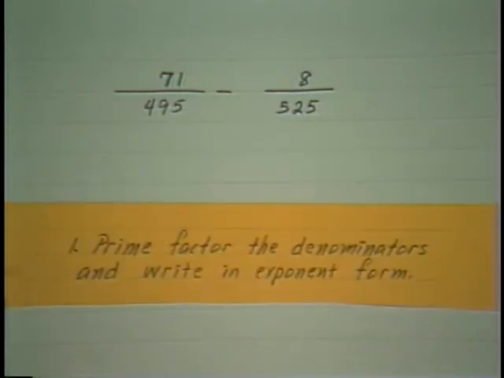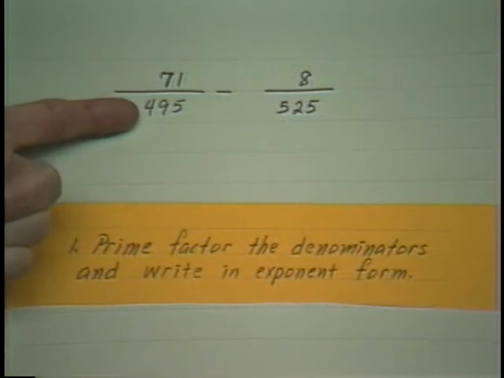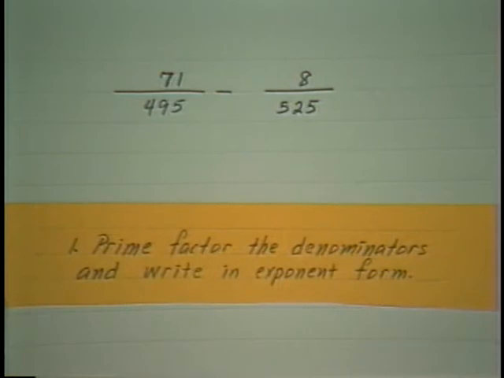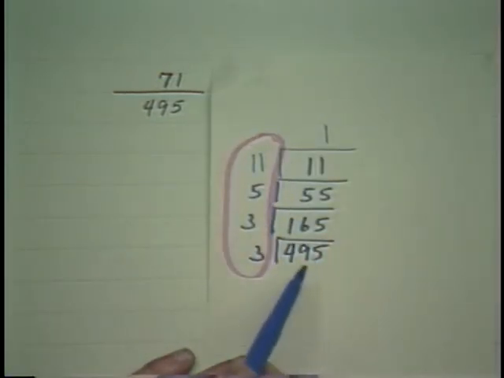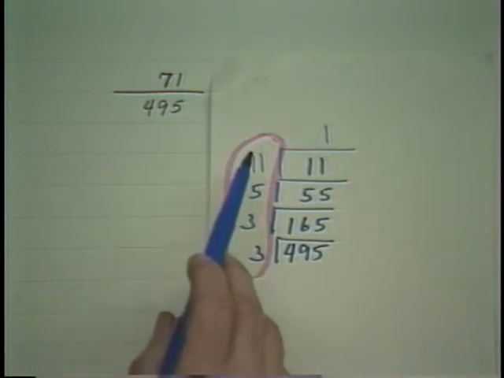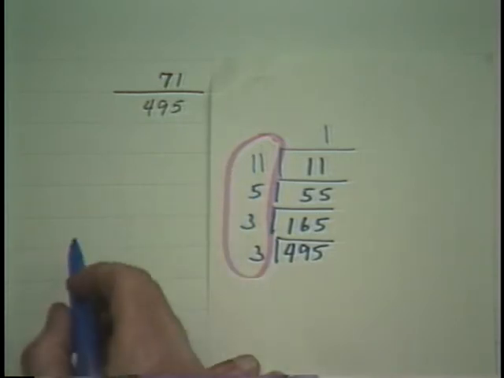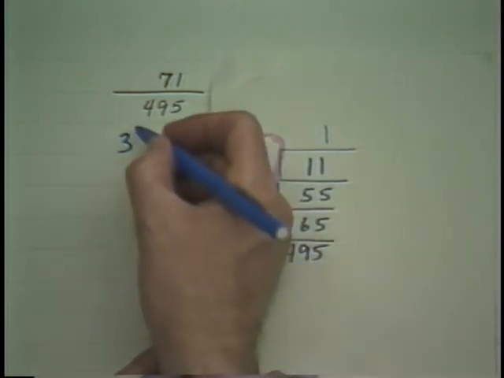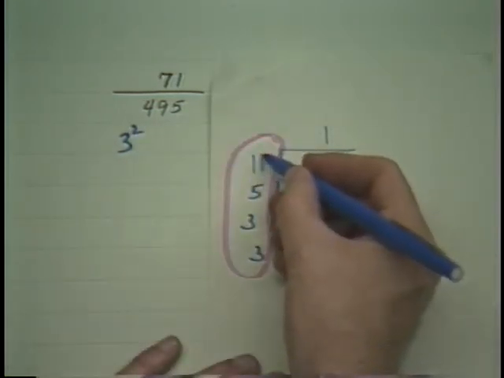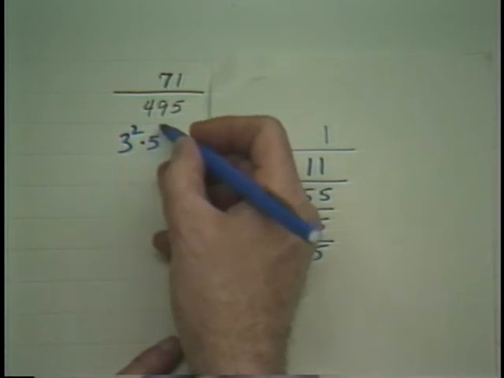Our first rule, we recall, was to prime factor the denominators and write in exponent form. So let's concentrate here. Prime factor that and write in exponent form, and we get this. 495 is 3 times 3 times 5 times 11, which in exponent form is 3 to the second power, 5 to the first times 11 to the first.